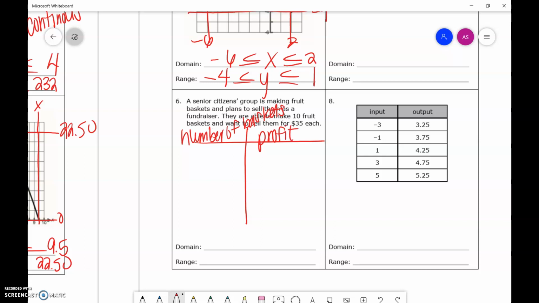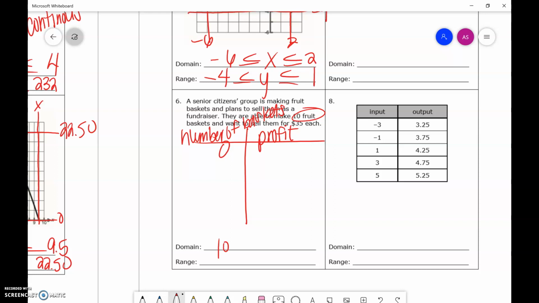It said they want to make 10 baskets, so 10 is going to be our max. So I'll put that down here. Since 10 is our max, I want to ask myself, what's the minimum amount of baskets that they can sell? That's going to be 0, because they might not make any money. People might not like their fruit, or maybe it's rotten. But we're going to be starting off at 0.